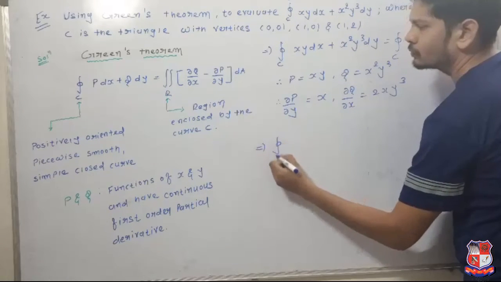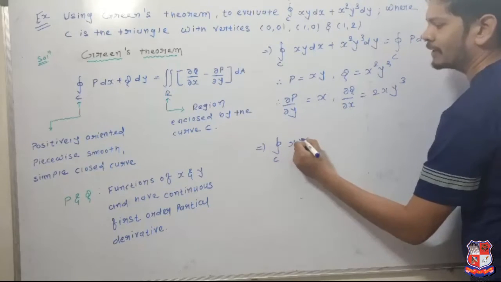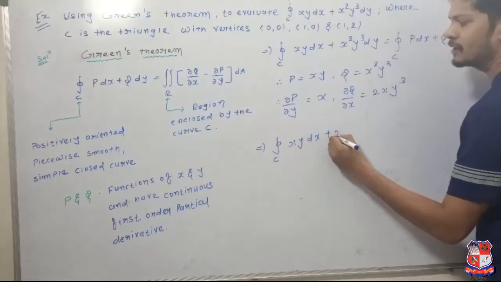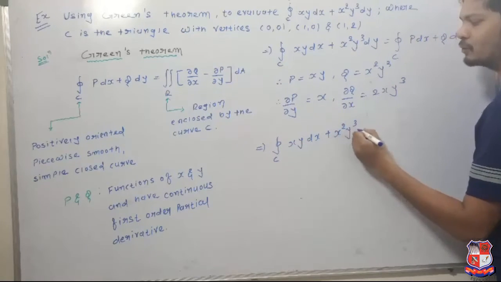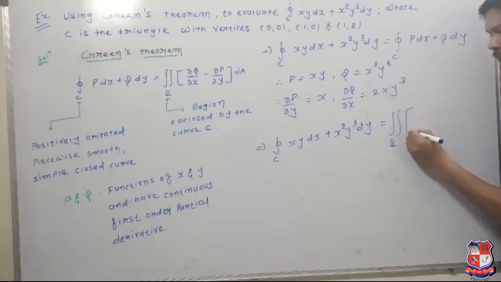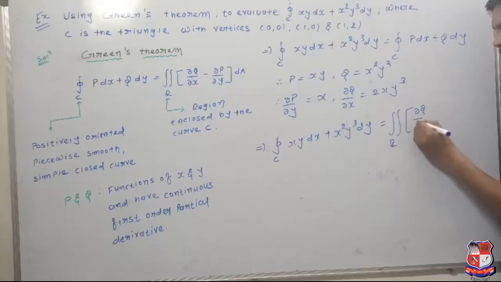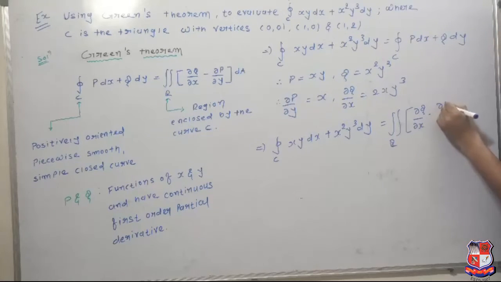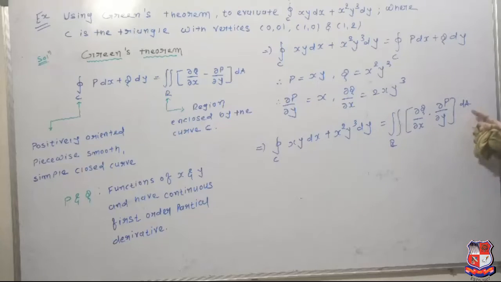So the integral over C of xy dx plus x square y cube dy is equal to what Green's theorem says: over the region R, del Q by del x minus del P by del y, dA. dA means the order of integration, whether we use dx dy or dy dx.